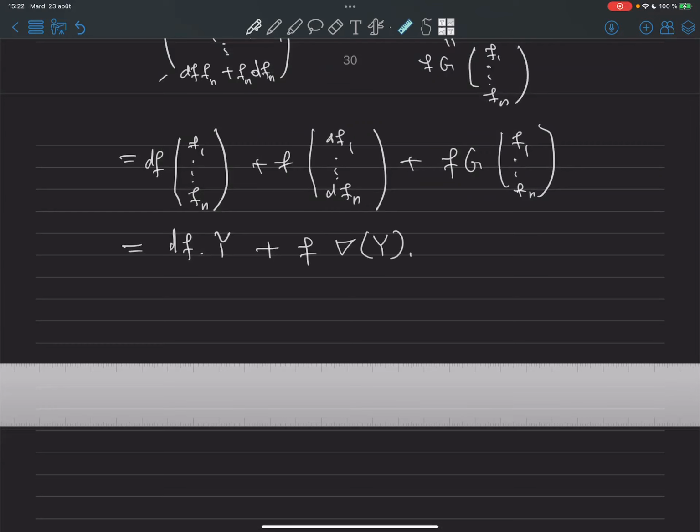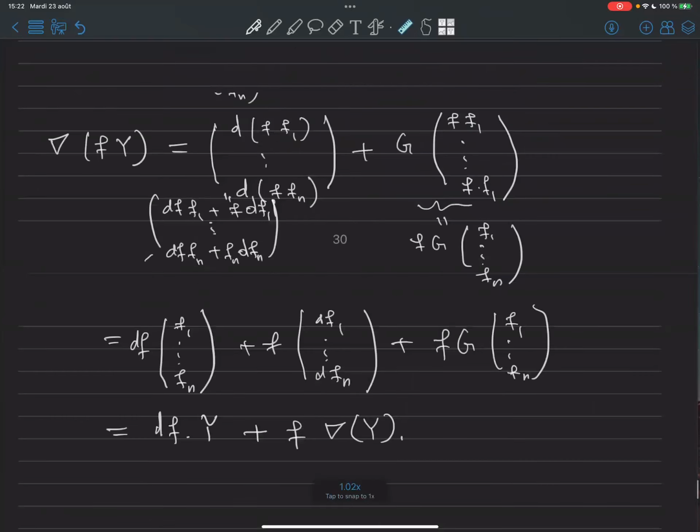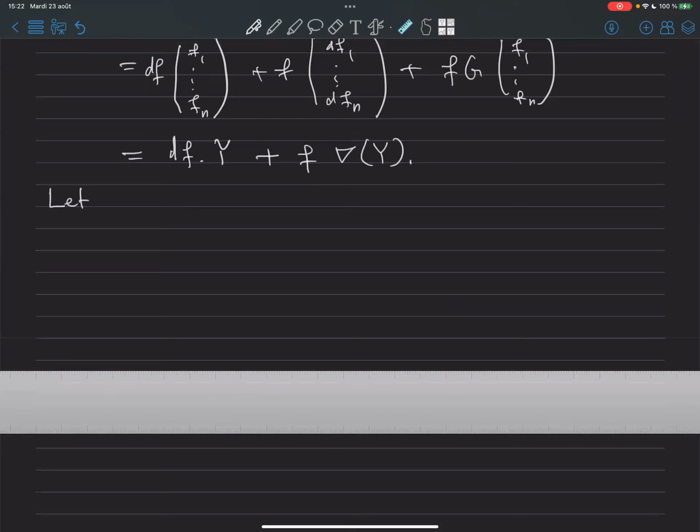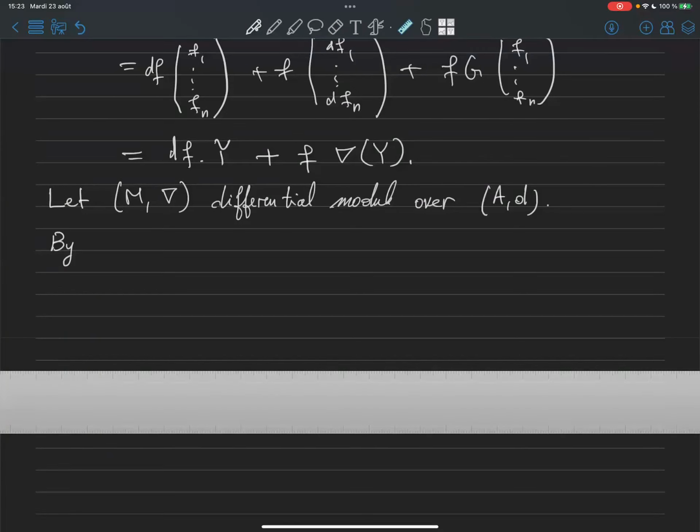Then conversely, if we consider any differential module over A, and by fixing a basis, it just means that I will fix an isomorphism from M to A to the power n.